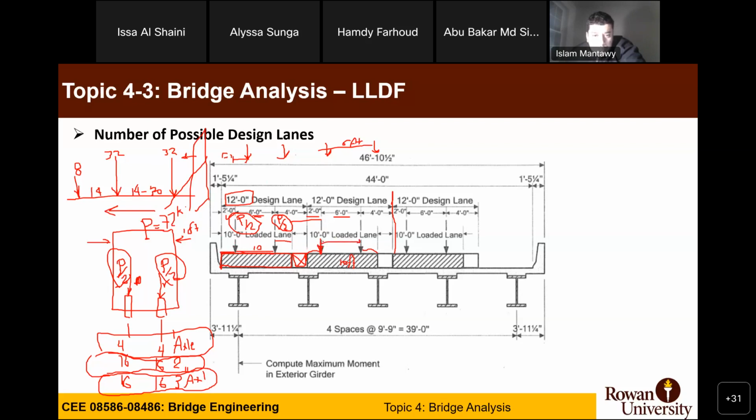Distance of 6 feet, and you put the second wheel of the second truck. Distance 2 feet to the end of your truck. You have 2 feet of gap to start your third truck. You put 2 feet to the first wheel of the third truck, 6 feet, you put the second wheel of the third truck. You have 2 feet to the edge of the truck and 2 feet gap.